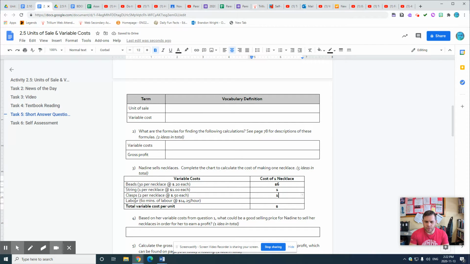And now her labor. It takes her an hour to make these necklaces. And as per law, the minimum she can charge for her labor is $14.25. So we don't times, I should say, let's do 1 hour. So 1 hour times 14.25 is simply 14.25.